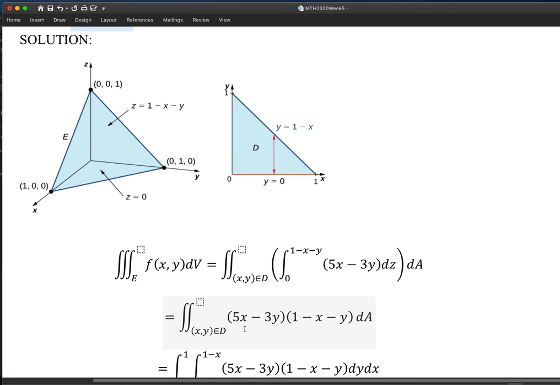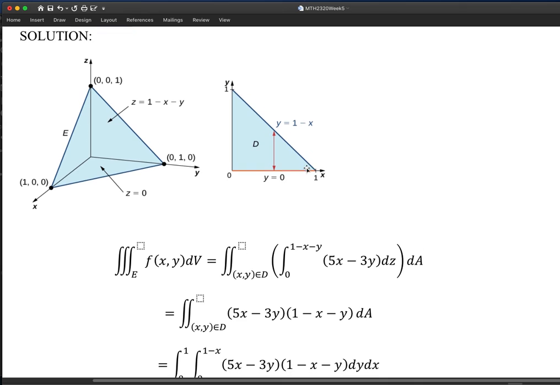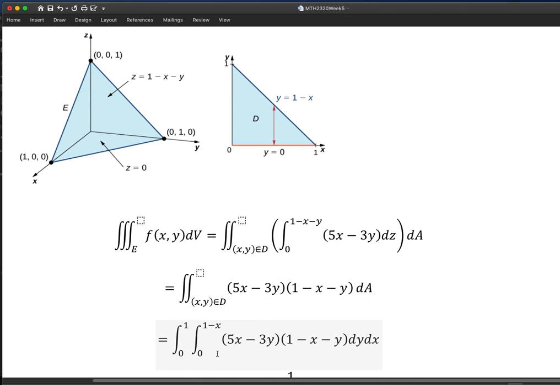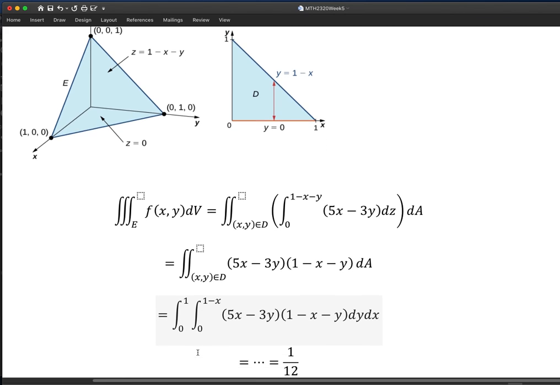And for x and y, we consider the region in the xy plane, which is this triangle. You can consider this as type 1, or a type 2 would work too. I follow the textbook and consider this as type 1. So y changes from 0 at the lower bound to the upper bound of the line, which is 1 minus x. So we do y first, and then we integrate in terms of x. And eventually we're supposed to get a number.